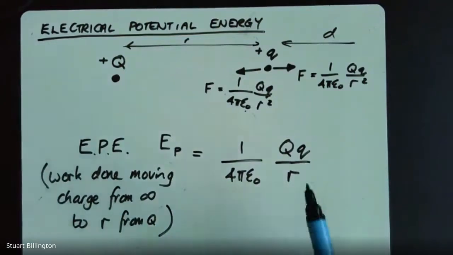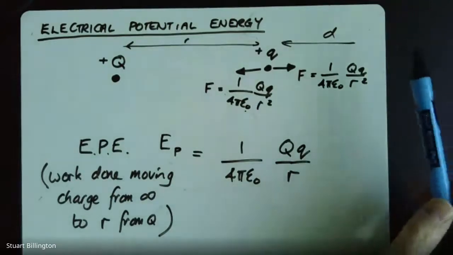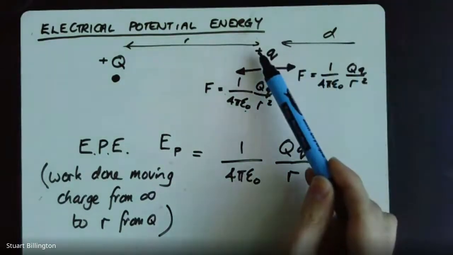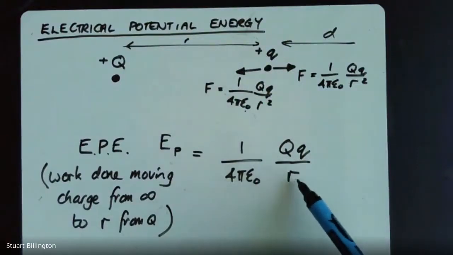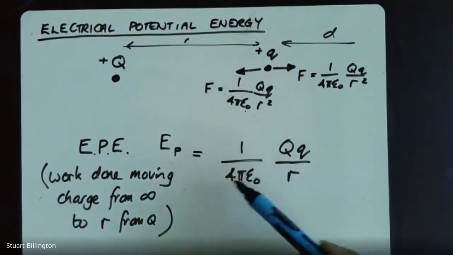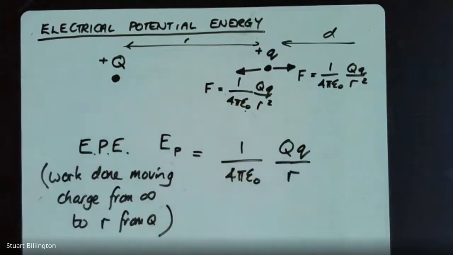So this is the amount of work that has been done moving a particle from infinity to here. And you can see that if we put infinity into this equation as r, then the whole thing becomes 0. And that's what we discussed as being an appropriate value when we did gravitational fields.